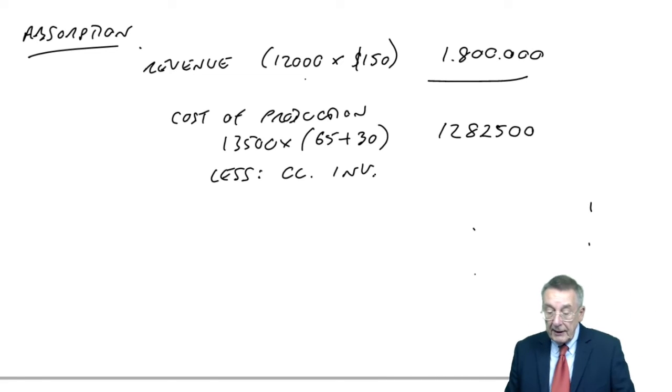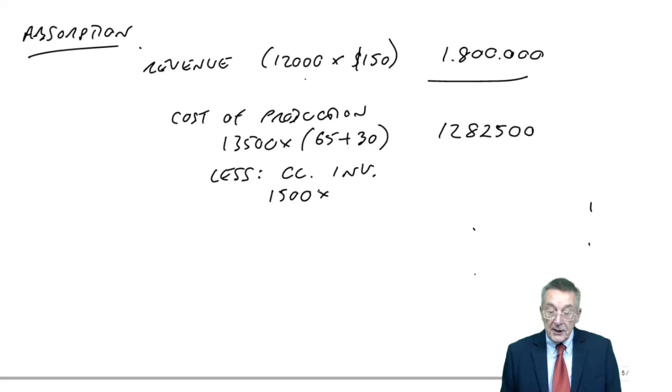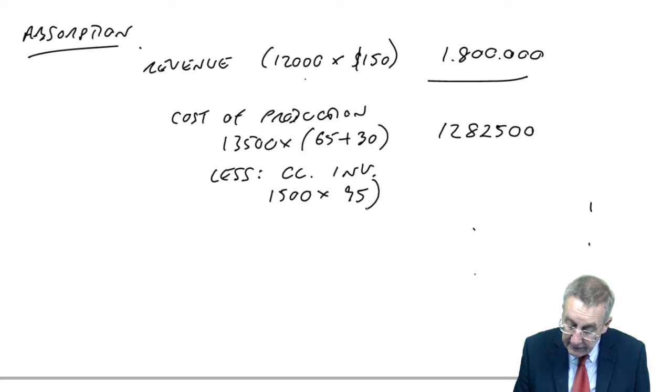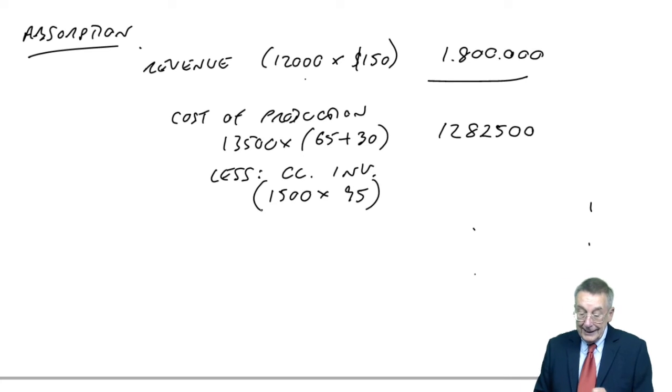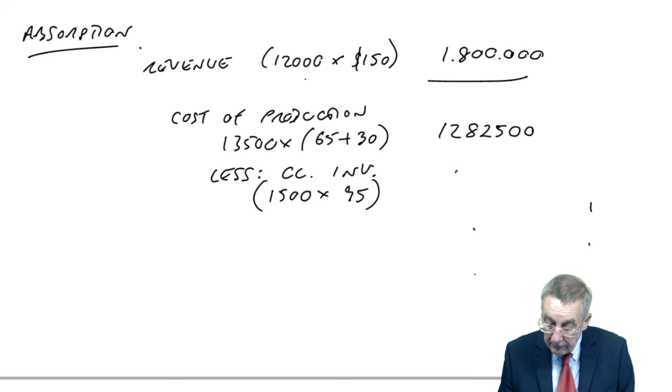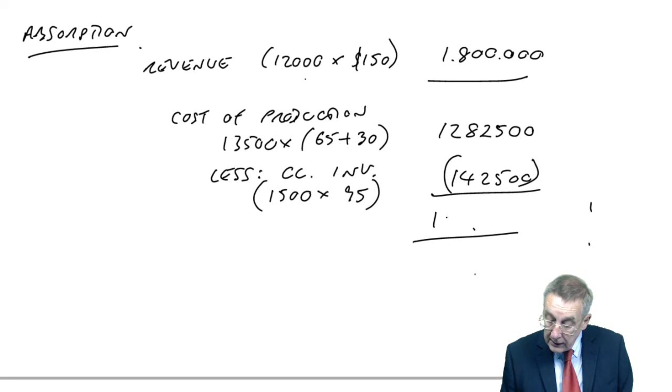But we've got closing inventory of 1,500 units. Under absorption costing, they're valued at 95. Therefore, closing inventory 142,500. And therefore a cost of sales of 1,140,000.